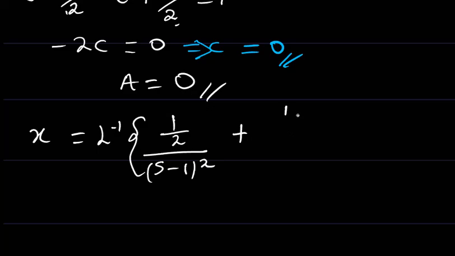D is also 1 over 2, so 1 over 2 all over (s plus 1) square.